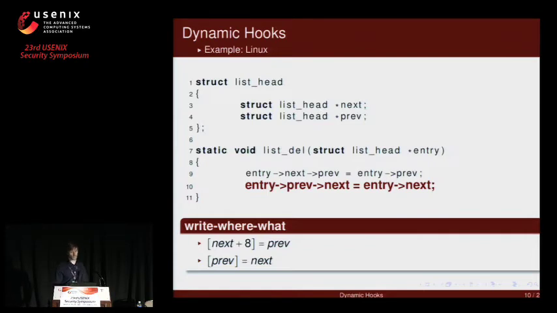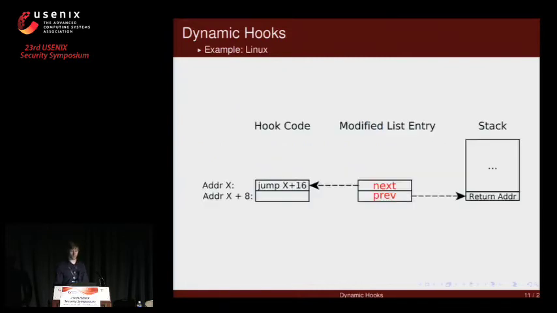And if we now imagine that the code which handles an event that we want to hook calls the list delete function, and that we can control the list head that is passed to this list delete function, we can use this write-what-where primitive to create a dynamic hook as follows. We will point the prev pointer to the return address of the list delete function.